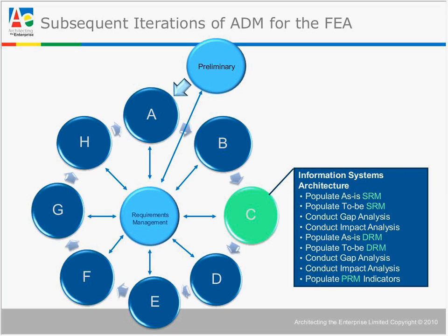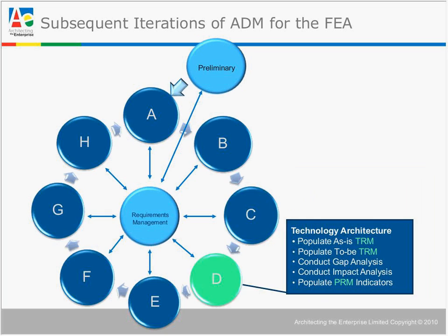Okay, same pattern here with the populate as-is, to-be, gap analysis, DRM, populate as-is, to-be, and gap analysis. Then populate our PRM indicators. The same pattern as to-be, gap analysis, impact, PRM.